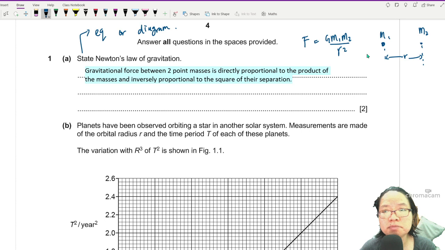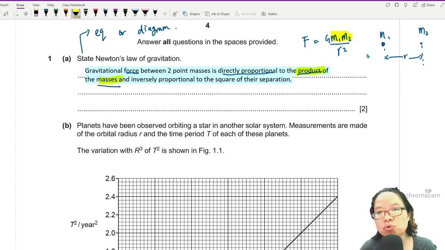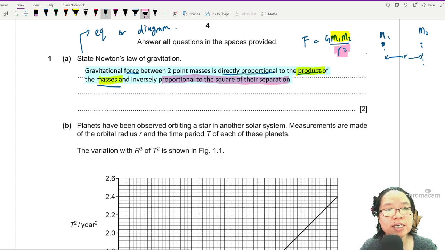So I will write this, but whenever there is a law, we will talk about proportionality. So when we say this force is proportional to the product of masses, which is m1 m2, and inversely proportional to the square of their separation, that would be your r squared. This whole thing is 1 mark. What is the second mark?